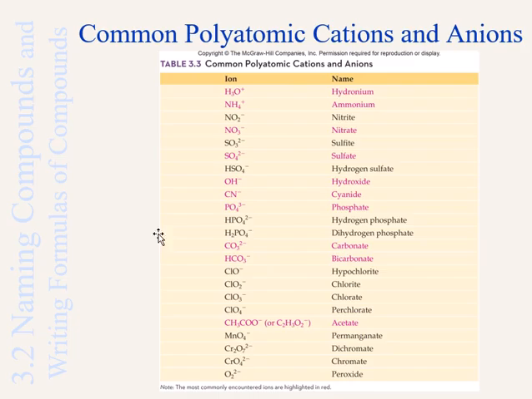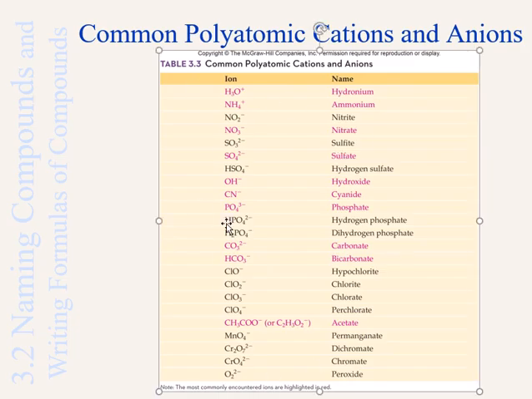Now, of all of this, I expect you to know a few of them, and let's go over which ones they are. I expect you to know by heart the formula as well as the name: nitrite, nitrate, sulfite, sulfate, hydroxide, cyanide, phosphate, and carbonate.